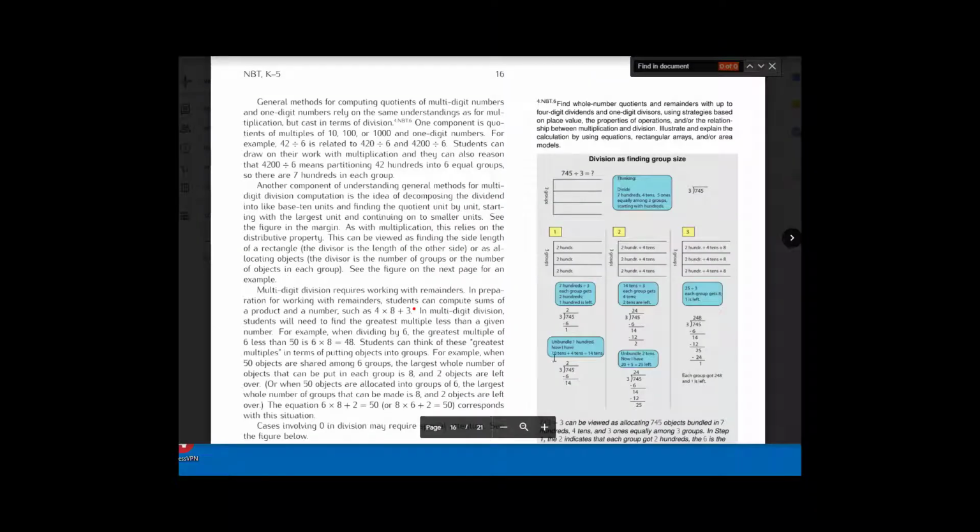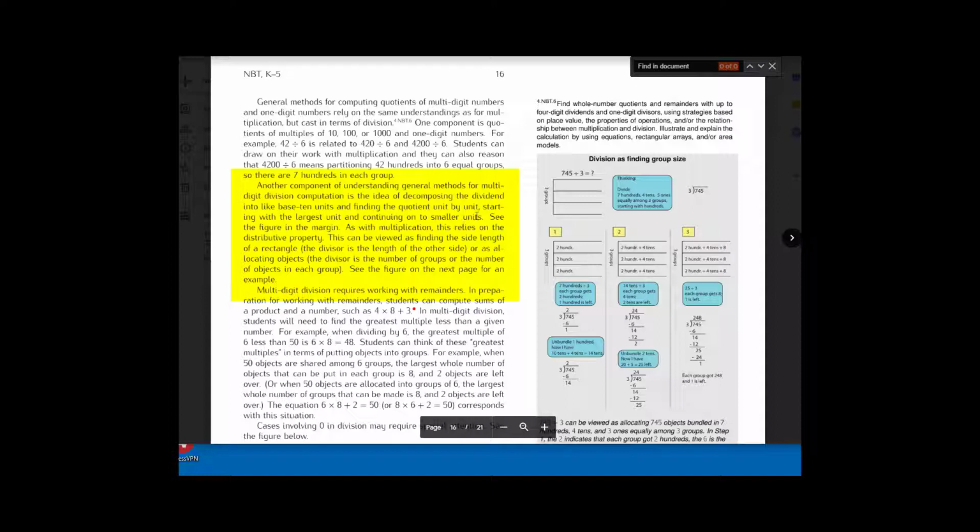In the progressions, you can see here in this paragraph that says another component of understanding general methods for multi-digit division computation is the idea of decomposing the dividend into like base 10 units and finding the quotient unit by unit, starting with the largest unit and continuing on to the smaller units.